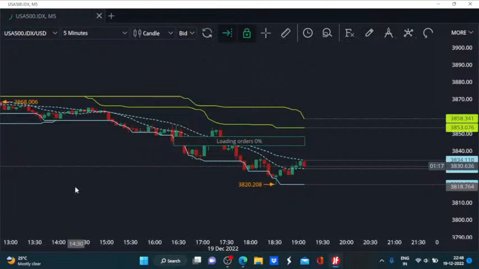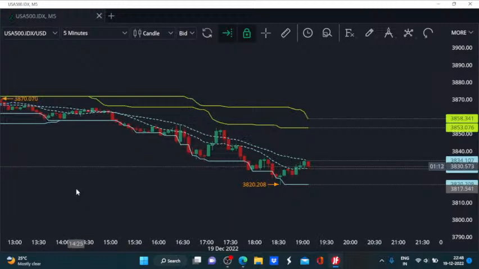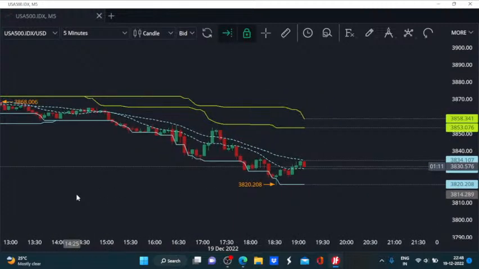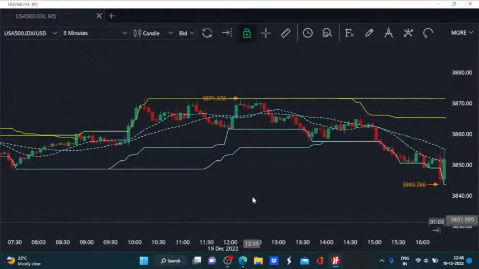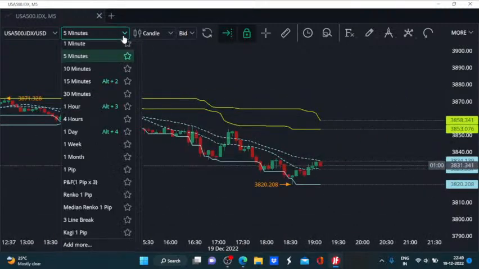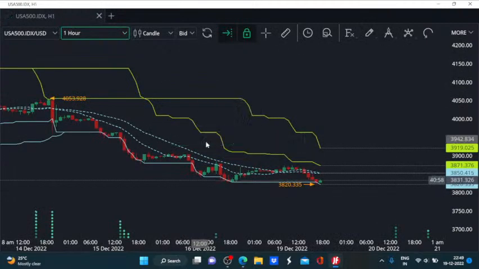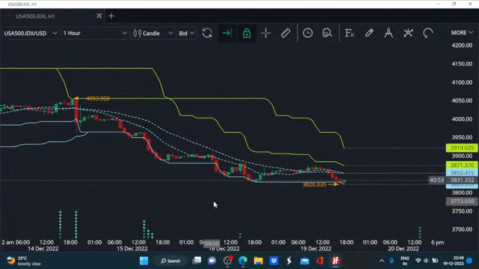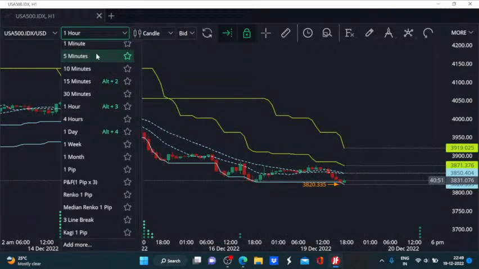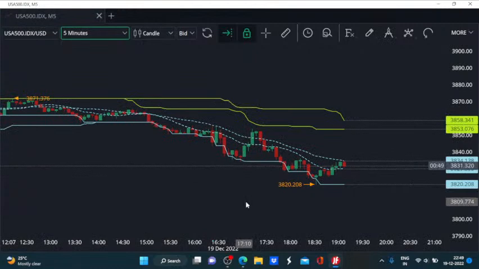So here we have the S&P 500. The S&P 500 is declining and declining, so it is on the weaker side compared to the Dow Jones Industrial Average. So here I think we clearly have the lead with the Dow Jones Industrial Average, as it has stabilized and consolidated in a better manner compared to the S&P 500. So the lead is with the S&P 500, but on the bearish side.